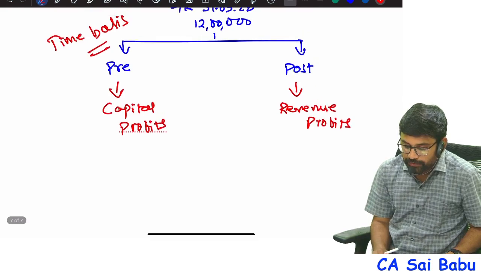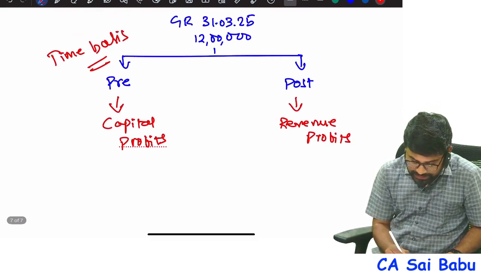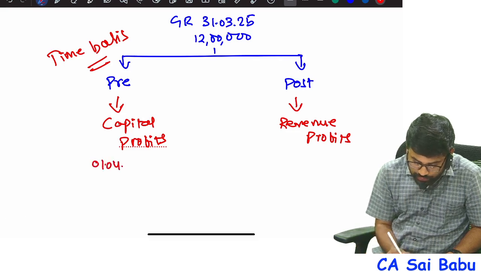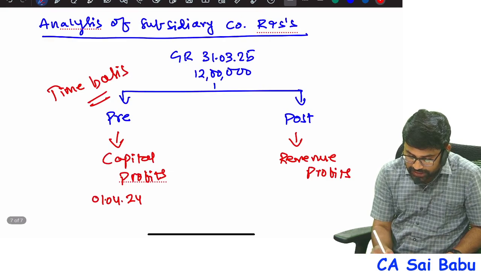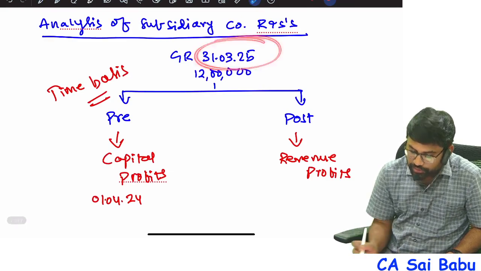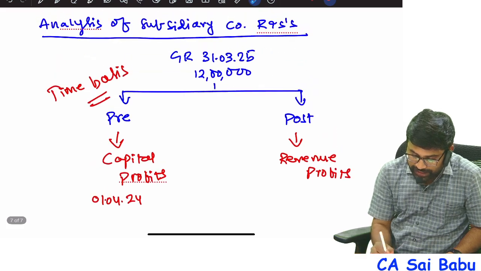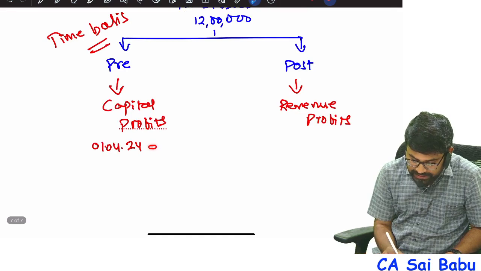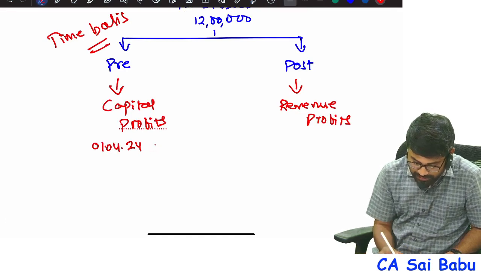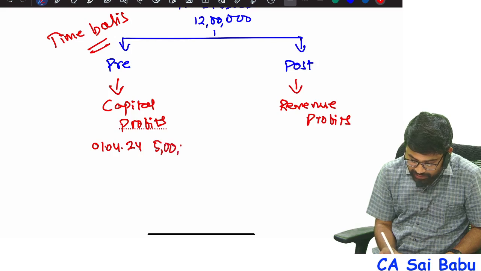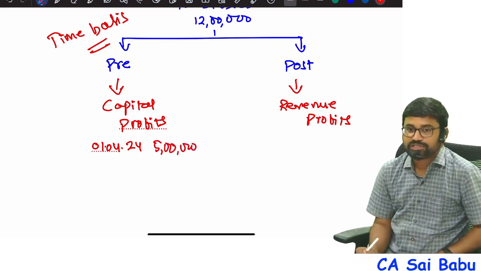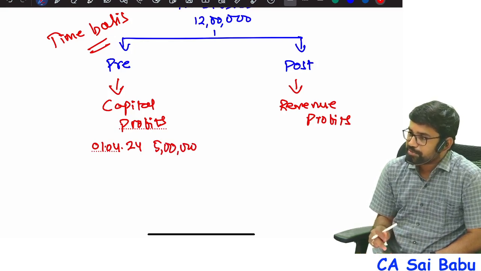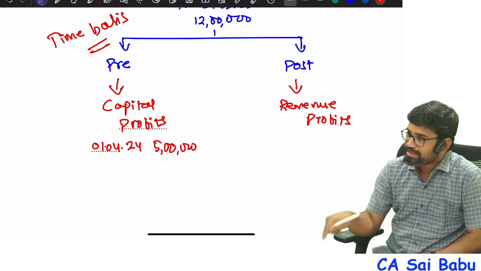For example, 12 lakhs. You acquired the subsidiary on 1/4/2024. Date of consolidation is 31st March 25. So at the end, general reserve is 12 lakhs, and the opening balance is suppose 5 lakhs. That means 5 lakhs is which profits? Pre-acquisition profits. Already this 5 lakhs is there in the subsidiary company at the time of acquiring the subsidiary.